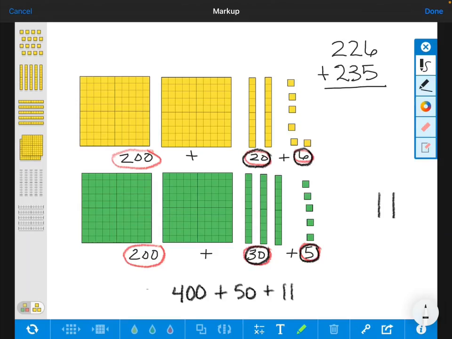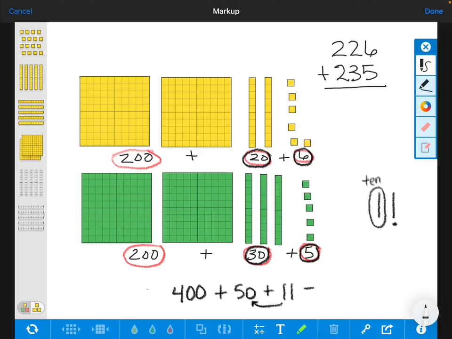So when I take a look at the number 11, I'm going to write it over here. The number 11 shows me that I have 1 ten and 1 one. So if this is actually a ten, that means I can move that ten over and add it with the other tens that I have, right? So instead of 50, if I add 10 more to 50, that gets me 60, doesn't it?